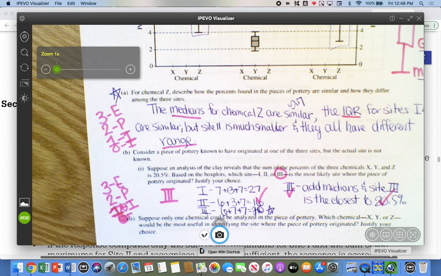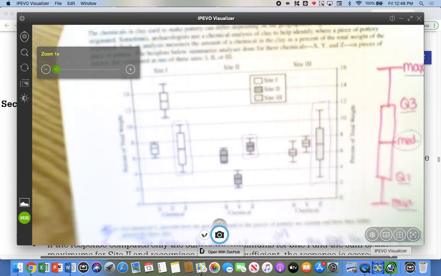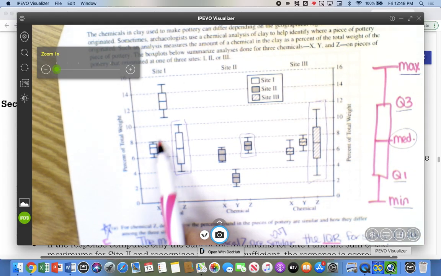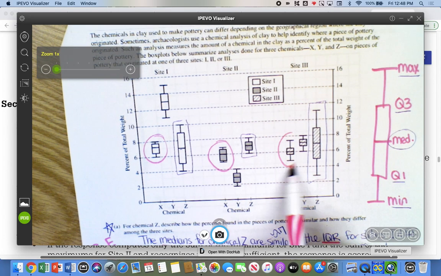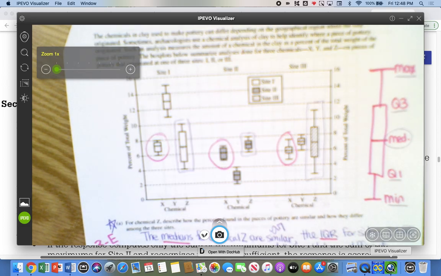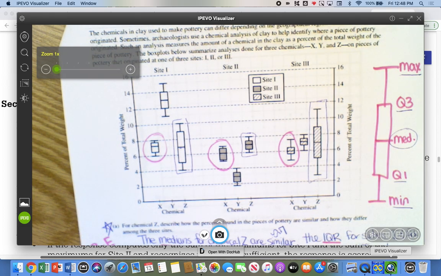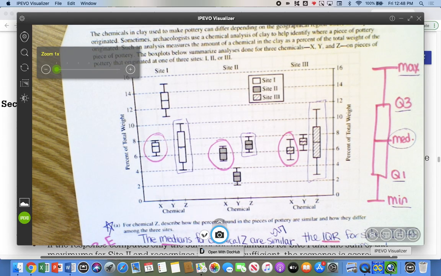So look at chemical X. Looking at the box plots for each site for chemical X, do you see how they're pretty close together, right? So do you think chemical X would be an easy way to decipher which site it came from? Now, look at chemical Y.